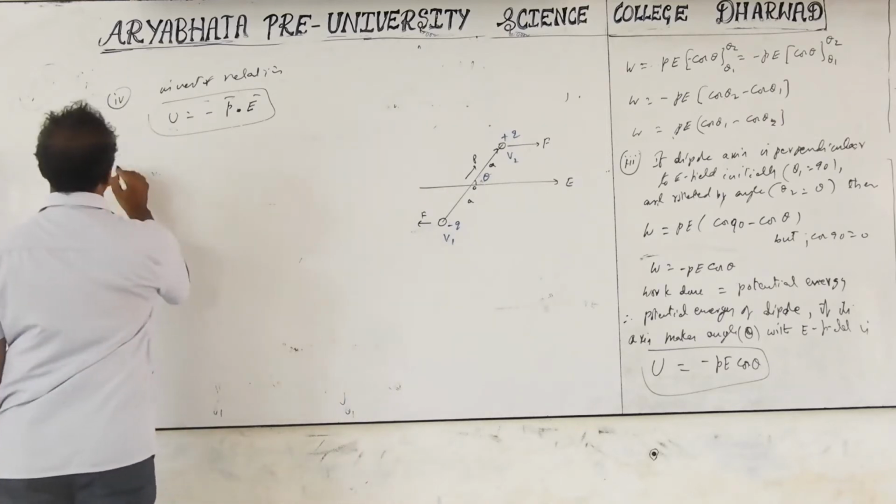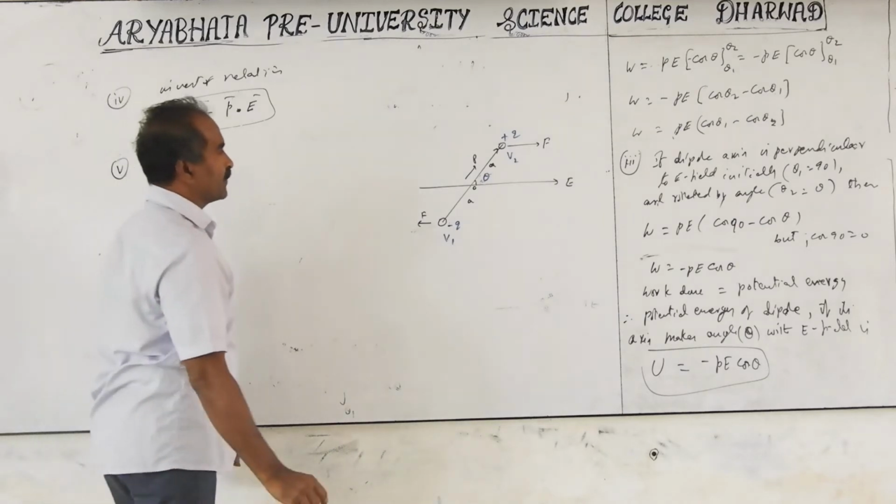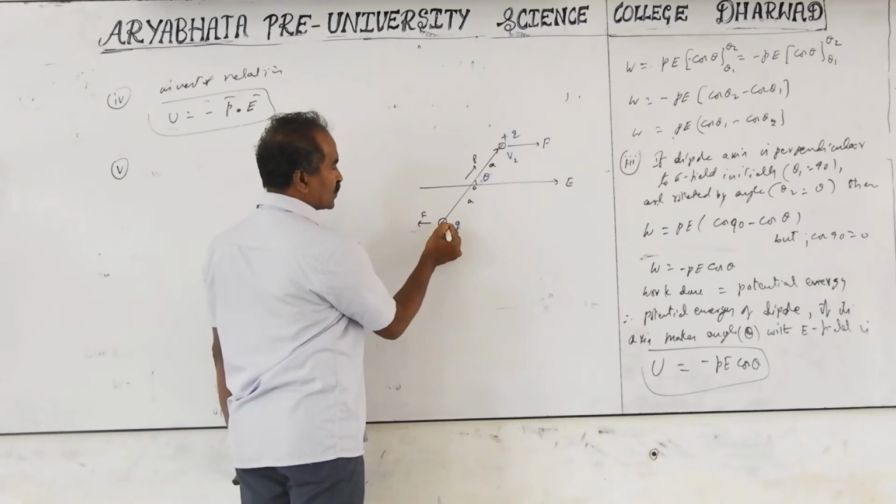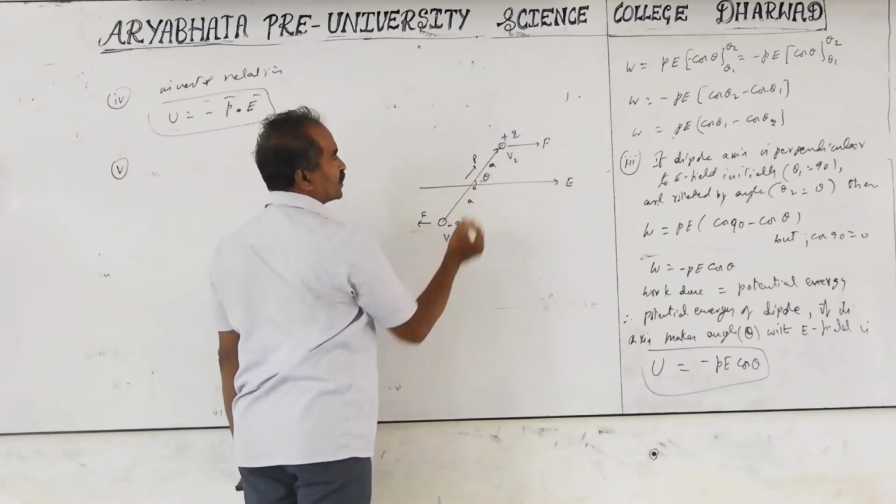Next is in terms of the potentials. In terms of the potentials we have taken, potential at the minus Q charge is V1, potential at plus Q is V2.